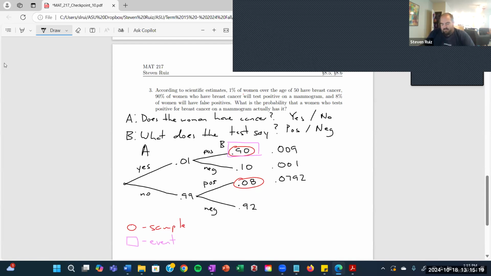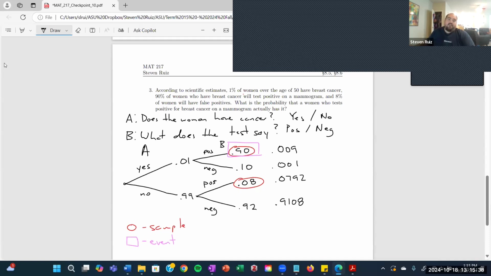And 0.99 times 0.92 is 0.9108. Let's just make sure if I add all those things together, they do come out to be 1.